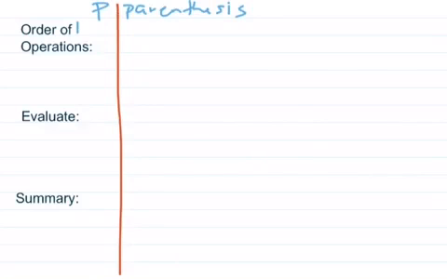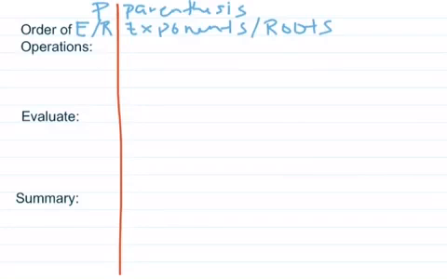Now, E, you guys know, is exponents. And exponents and roots are going to be in the same order. So now for E, exponents, again, you guys knew this last year, and we're going to add an R for roots.